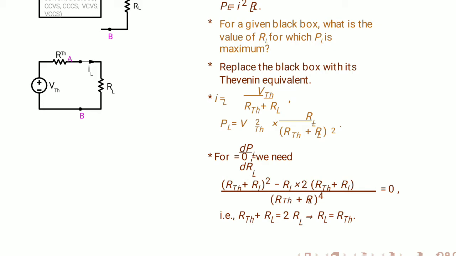So we need dPL by dRL is equal to 0. Here the load resistance is varying. So the power is differentiated with respect to the load resistance, dPL by dRL, which is equal to 0.